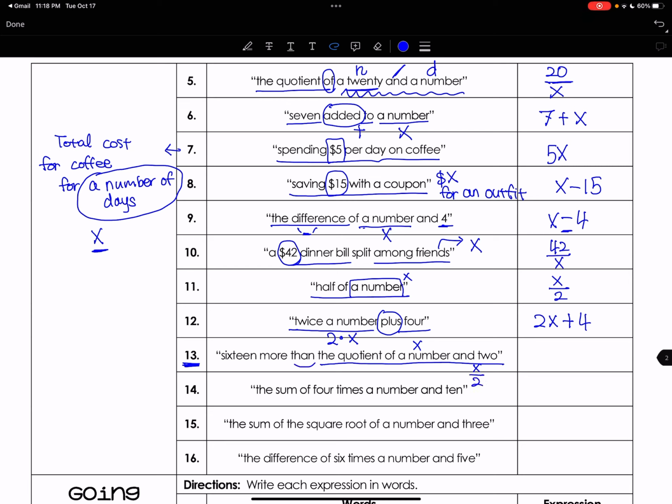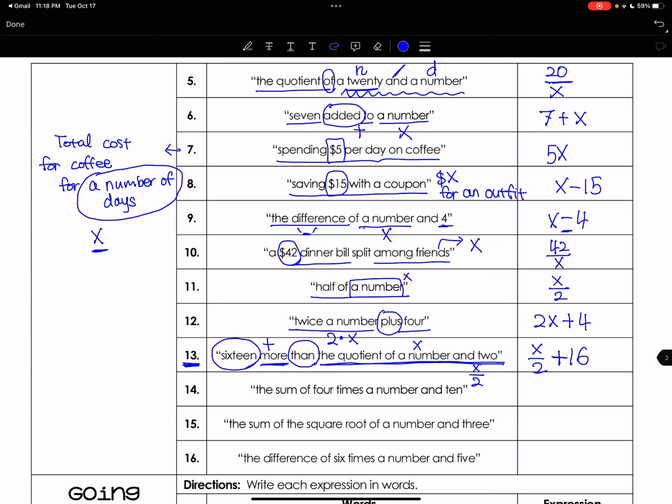And since it's more, you're going to add. So the quotient of a number and 2 comes first. And then you're going to add an addition sign, not 2, sorry. And then 16 will be here.